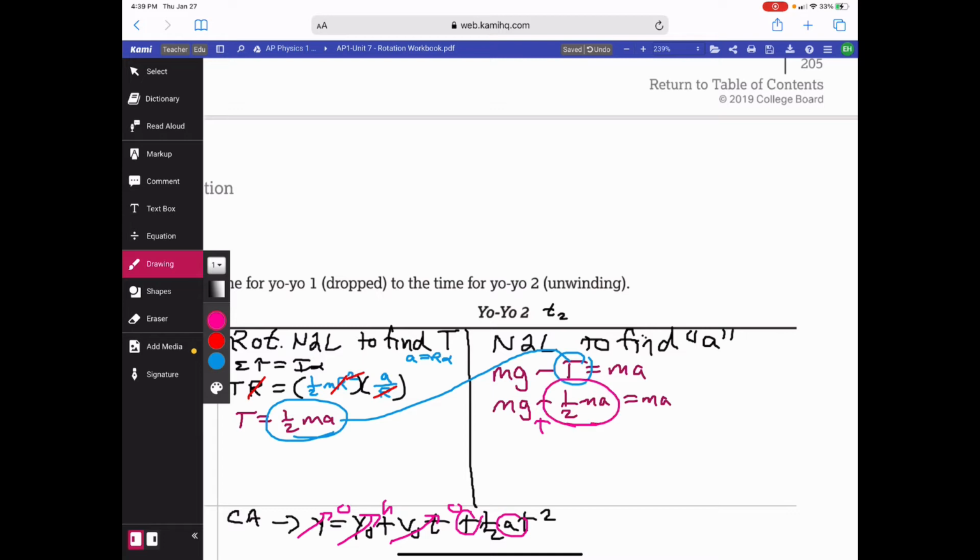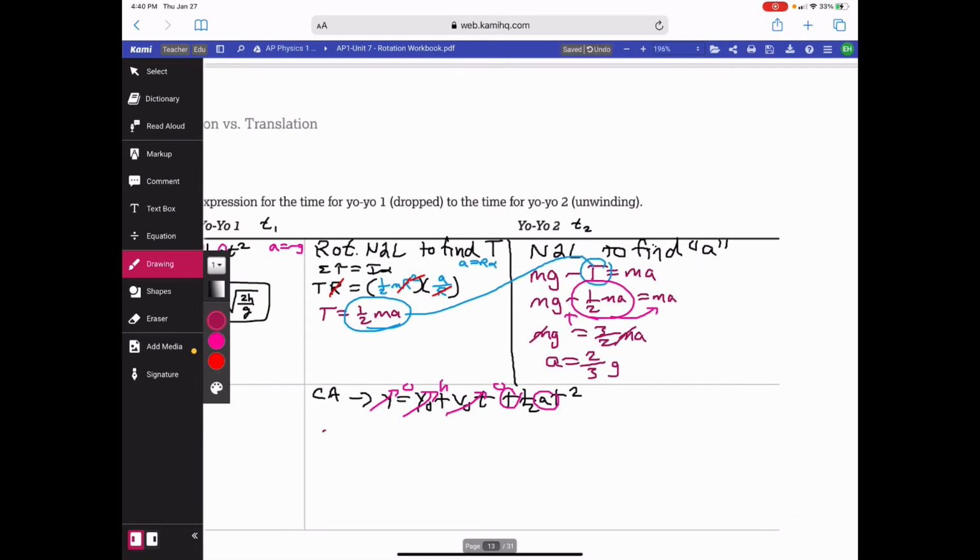We're going to add this over to the other side. And we get mg equals 1/2 ma plus 1 ma is 3/2 ma. You'll see that the masses cancel, and when we multiply by 2 and divide by 3, we get that a is equal to 2/3 times g.